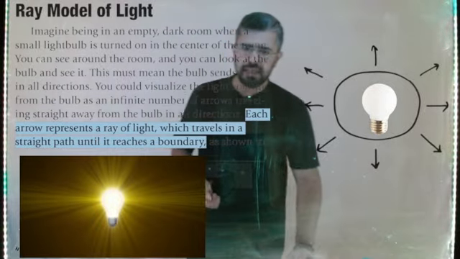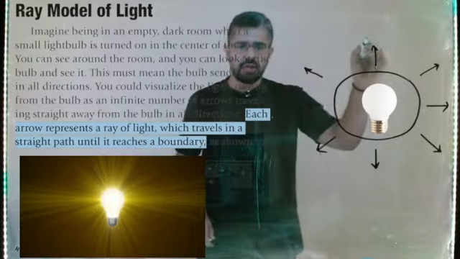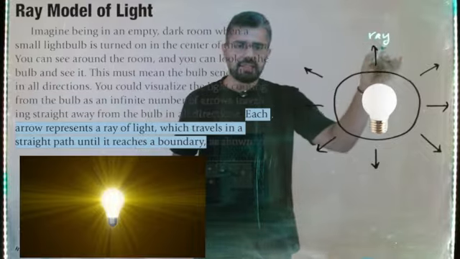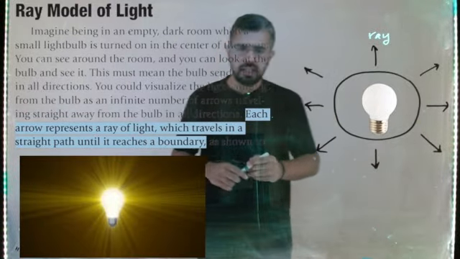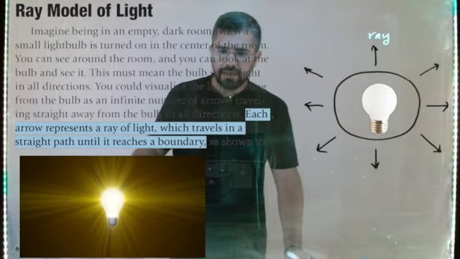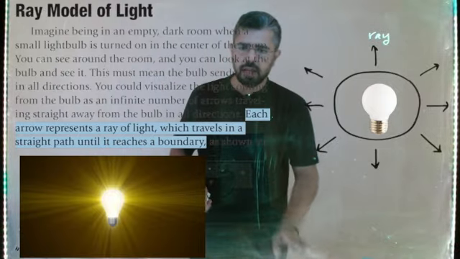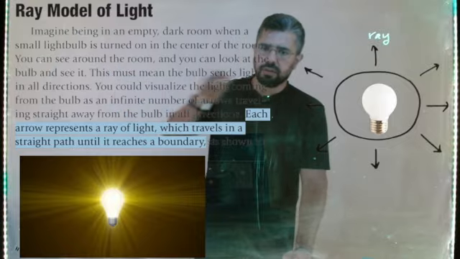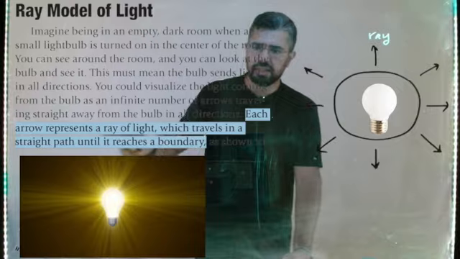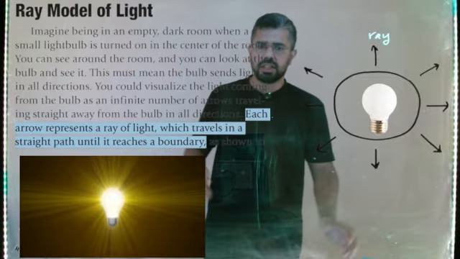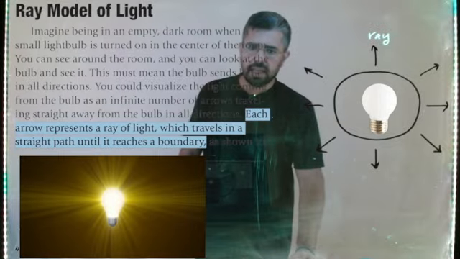It's sending rays of light in every direction, so this is an infinite number of rays, as you see here in this picture on your left. That's what we call the ray model of light. Each arrow represents a ray of light which travels in a straight path until it reaches a boundary, a wall, our eyes, wherever that boundary is.